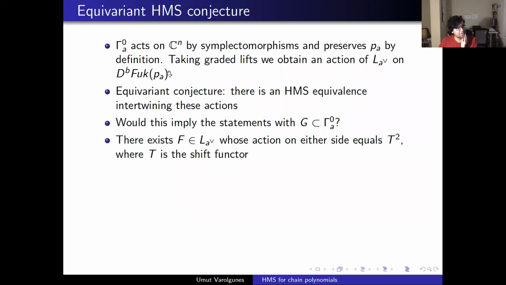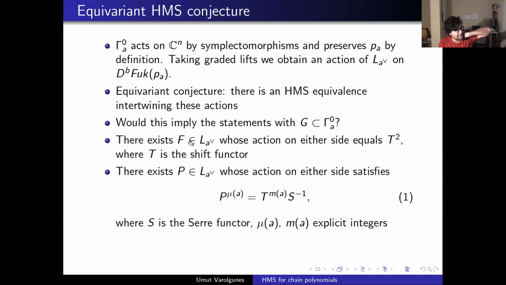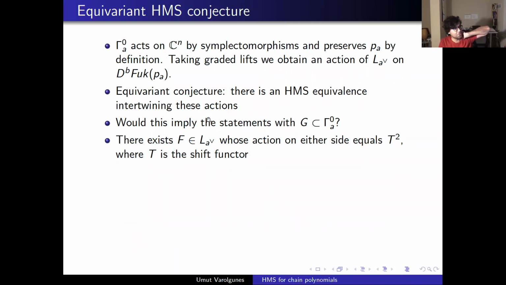But it turns out that you can characterize this action in terms of functors that are, not exactly the full action, but most of the action, by using operators that are intrinsic to the categories involved. So there is an element in this grading group. I should stop pointing with my finger, you don't see that. There's an element of this group, and the action of that element corresponds to just shifting by 2.